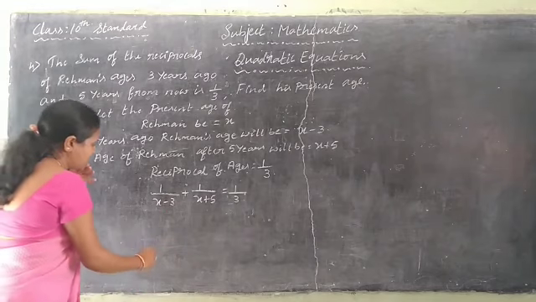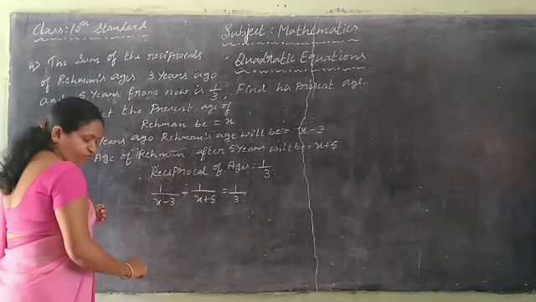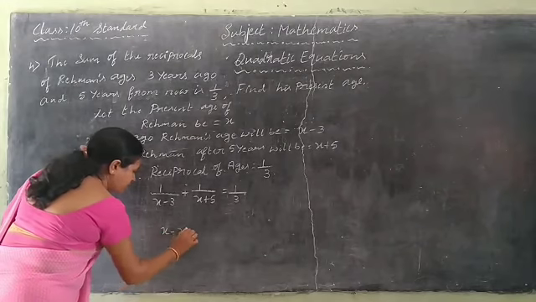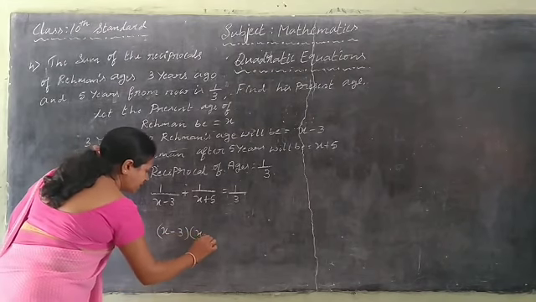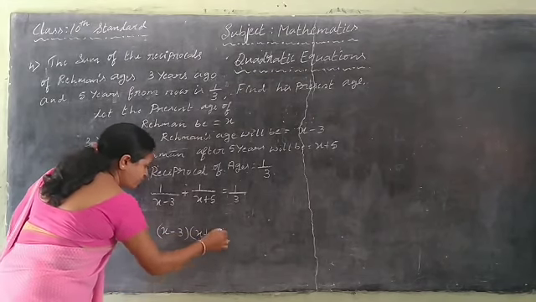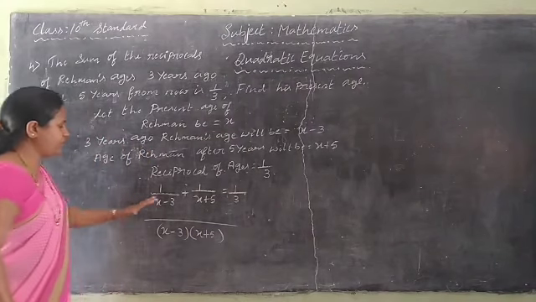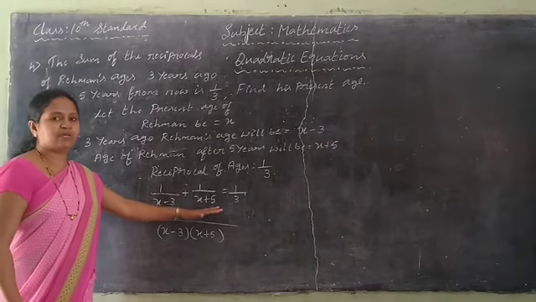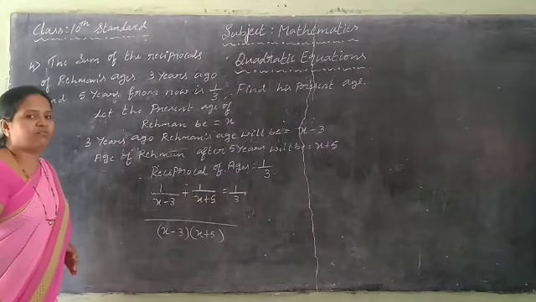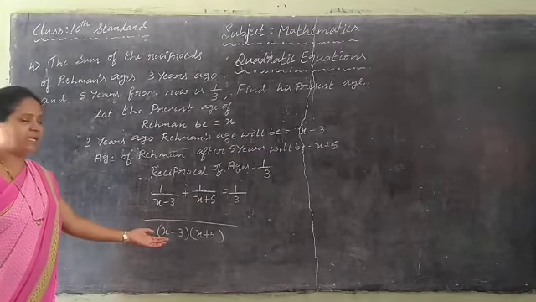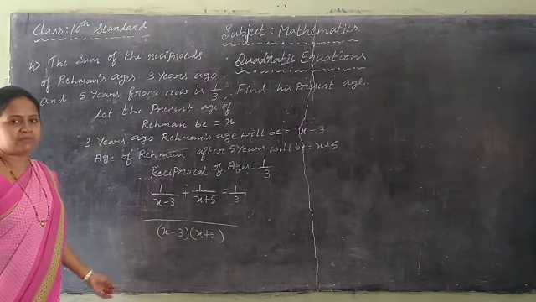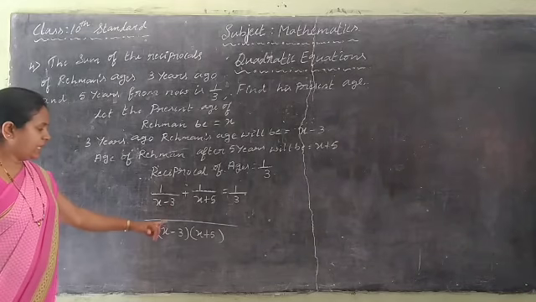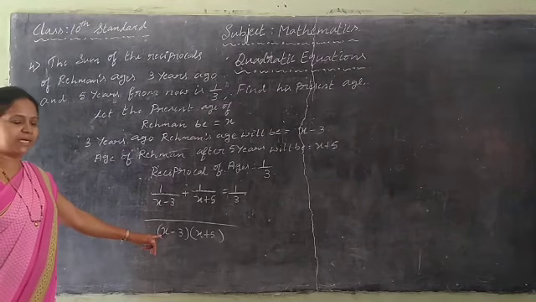See what is there here? x minus 3 and x plus 5, children. Take the LCM. When you take the LCM, we'll get x minus 3 and x plus 5. Right? So what is there in the denominator here? x minus 3 and x plus 5. See the first part here, x minus 3 is there. x minus 3 gets cancelled.